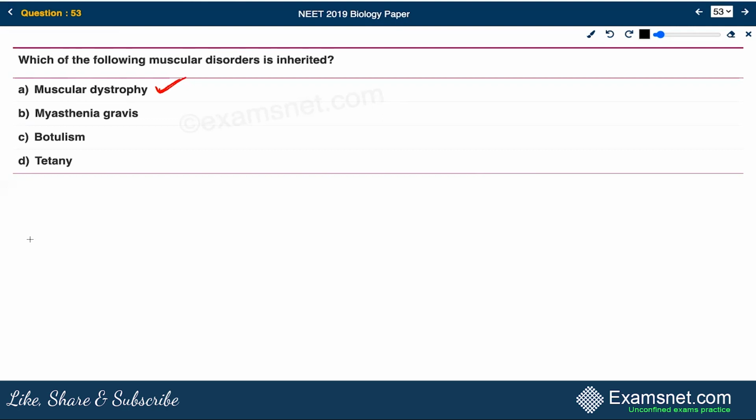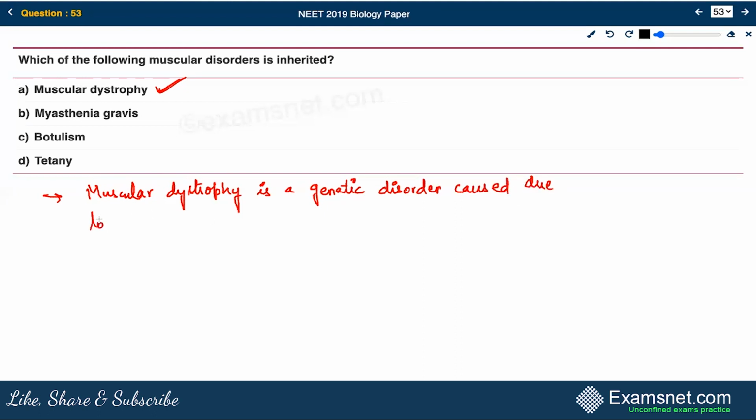So you can say that muscular dystrophy is a genetic disorder caused due to prolonged degeneration in skeletal muscles.